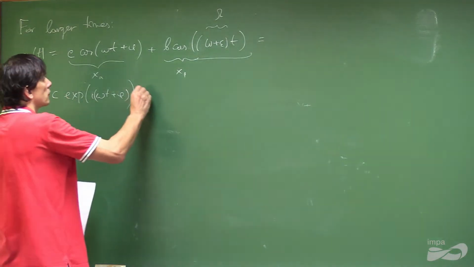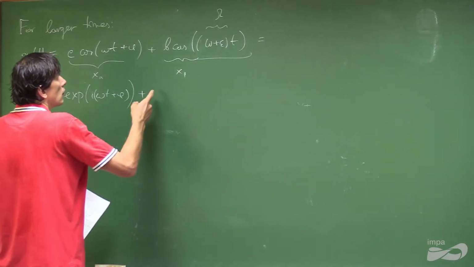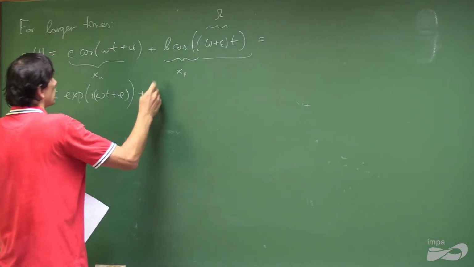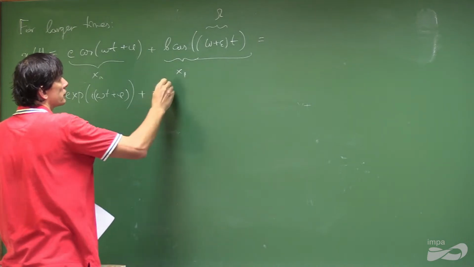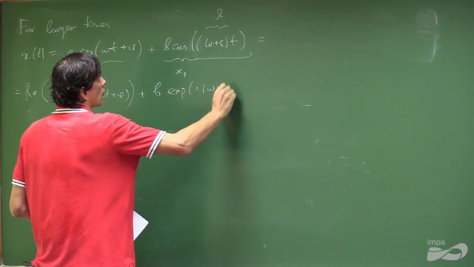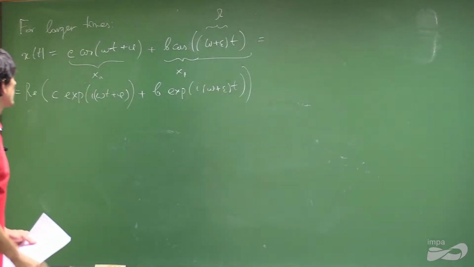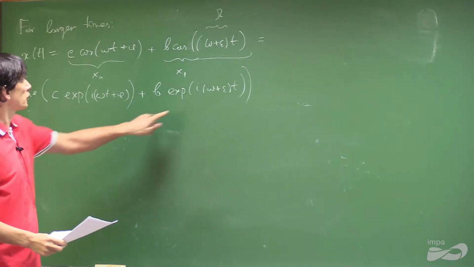And then you take this also, you take the real part. B is real, so it will be exponent of i epsilon t. And then we can remove exponent of i omega t.